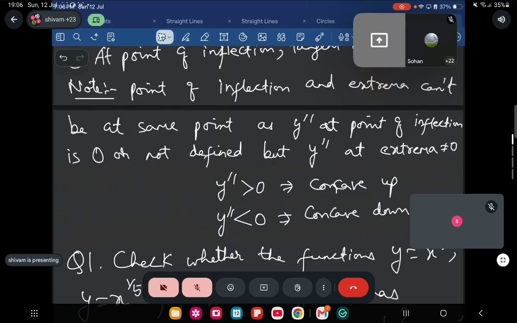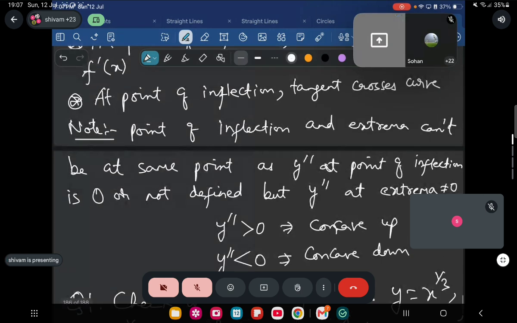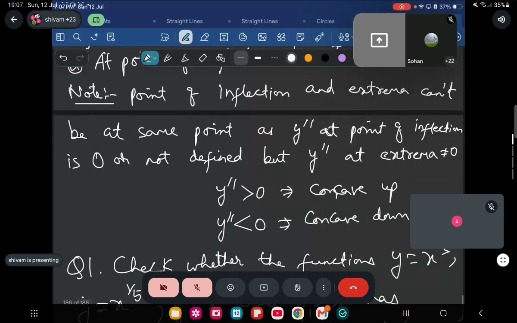And y double dash at extrema is not equal to 0. Wait a minute. Over here I am modifying. Y dash at extrema is not equal to 0.